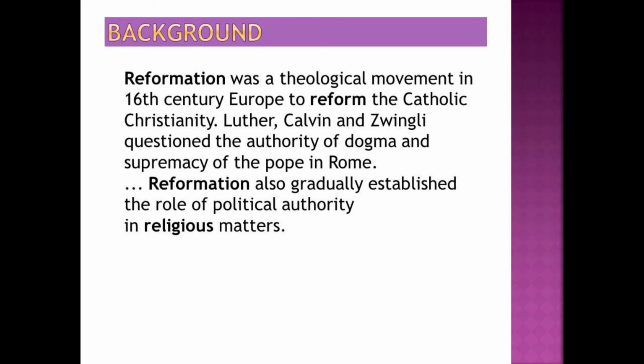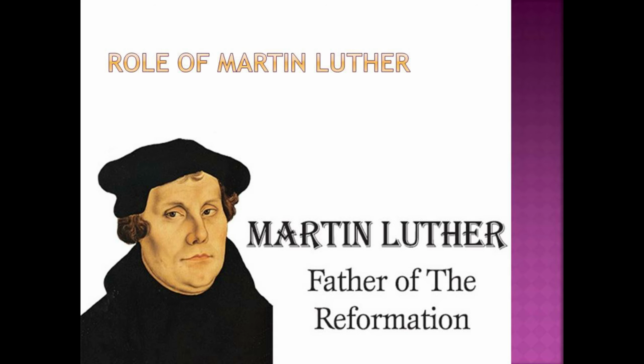In fact, Pope Leo X raised enough money through the sale of indulgences to build the St. Peter's Basilica Church in Rome. The Pope and the higher clergy became corrupt and began to lead lives of luxury. After seeing so much corruption, which has led to problems for the common people.